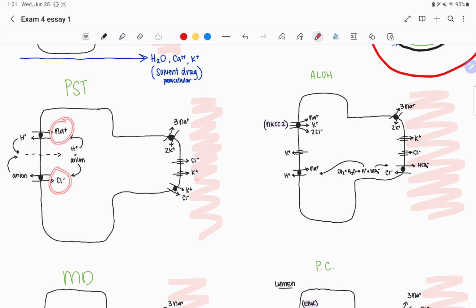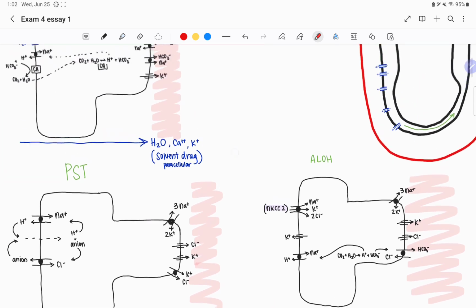So now we're getting sodium and chloride into the cell. We have, again, our sodium-potassium ATPase pump. So then we have chloride leak channels, potassium leak channels, and then we also have this transporter that's kicking out both potassium and chloride together. So that's how that's working. And this is helping us reabsorb our chloride ions.